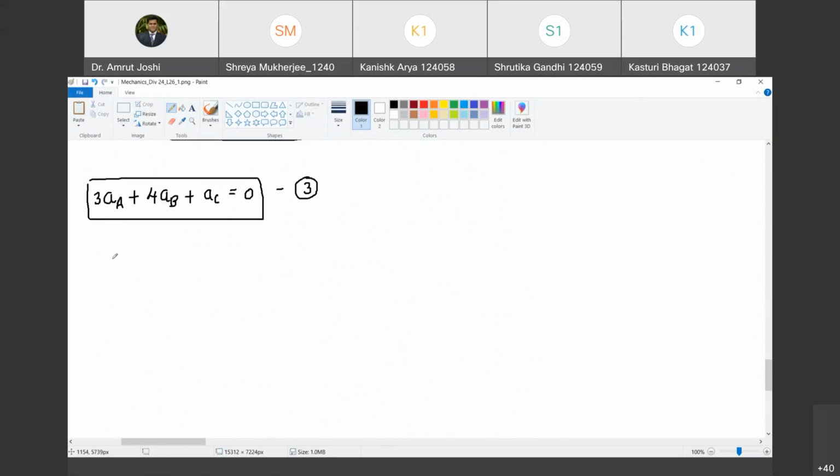This results in only one equation. What is that equation? What is the acceleration of block B? It is given as 0.